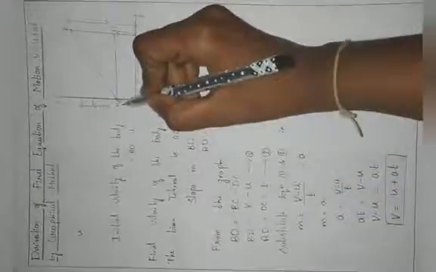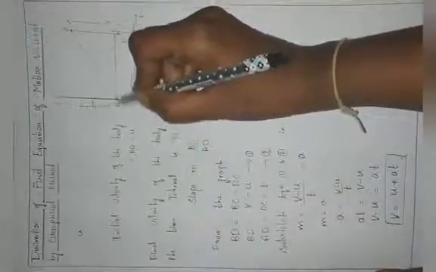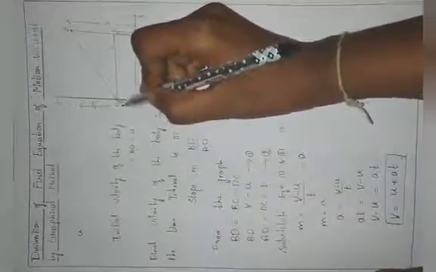So at the point A, the object is moving with the initial velocity U before starting the time.